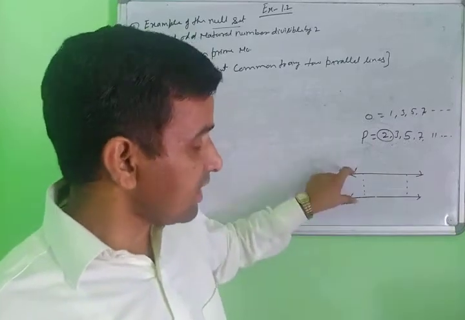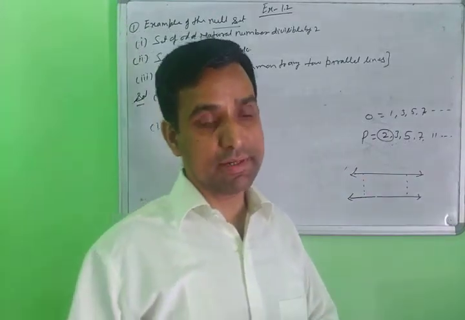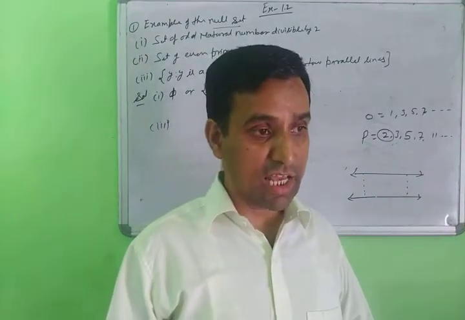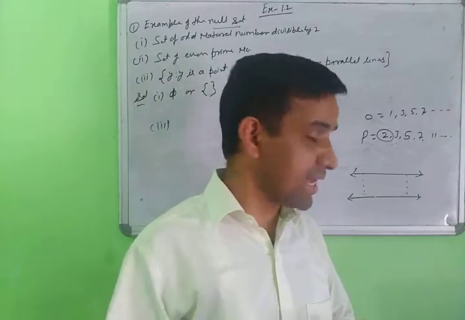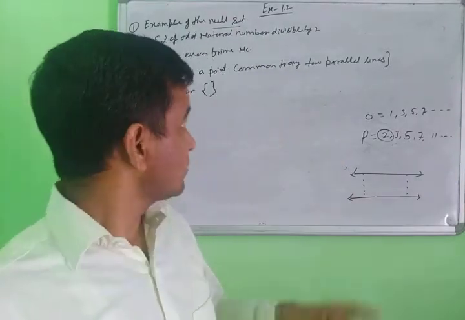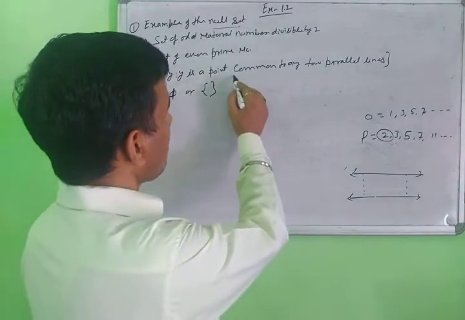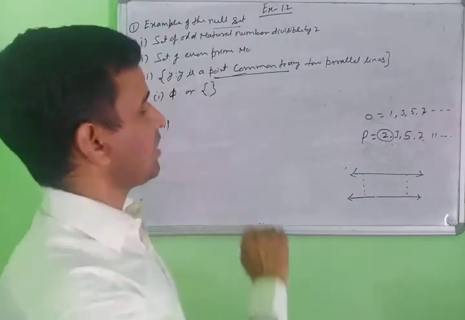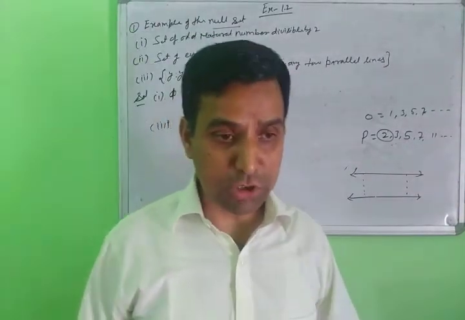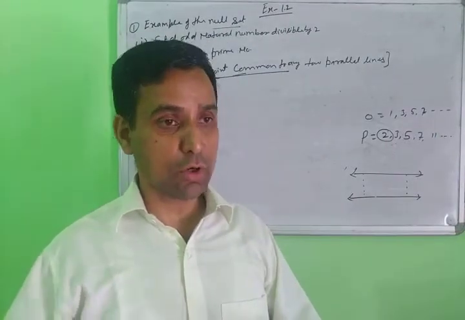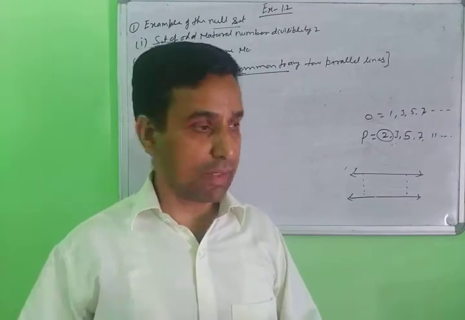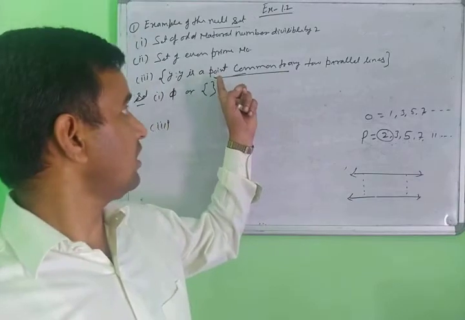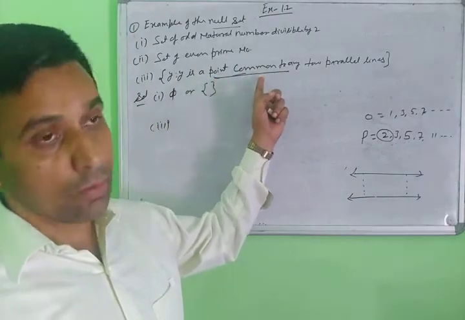So parallel lines never meet at any point. Then how is a common point possible? It is not possible when lines do not intersect or meet.